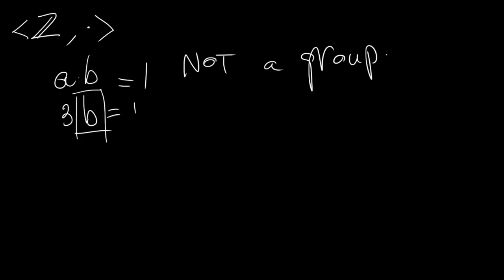One more. The set of the real numbers, the non-zero real numbers. This symbol means that you get all the real numbers but 0, under multiplication.